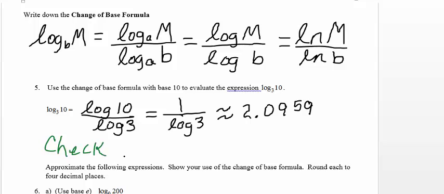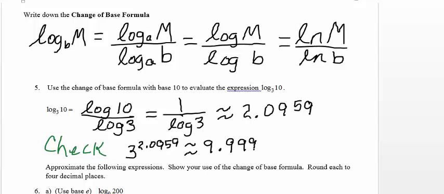So we can actually check to see, is 2.0959, I rounded this to 4 decimal places. So let's check and see if this is correct. The base 3 log of 10 is the exponent I applied to 3 to get 10.